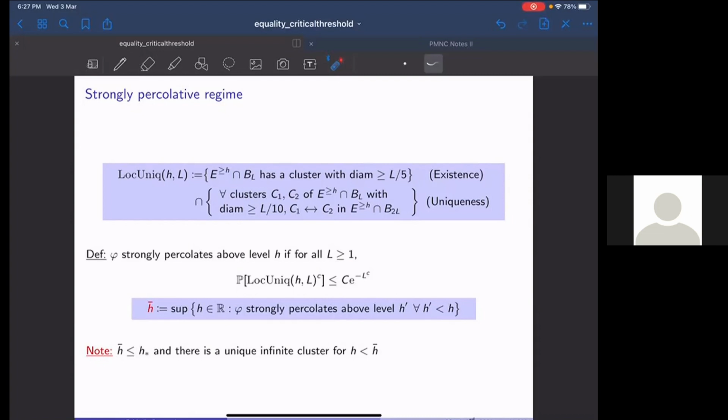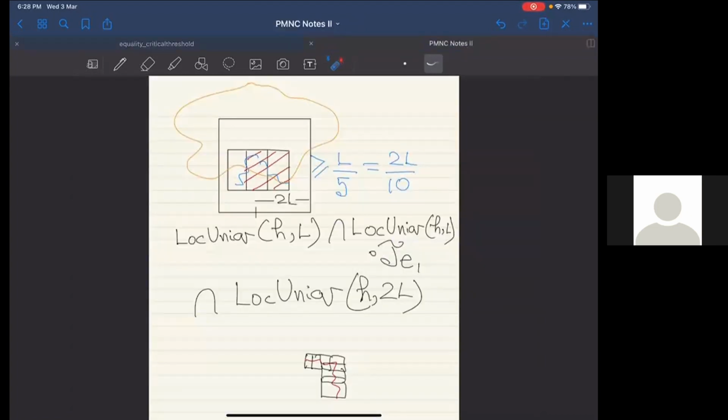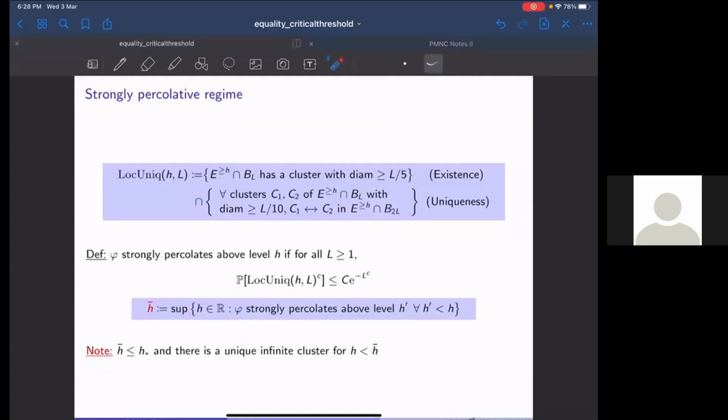The argument I just presented should be obvious: H bar is less than or equal to H star. Why? Because if H is less than H bar, you have this property, and by performing these tricks you are able to build a big infinite cluster with strictly positive probability.